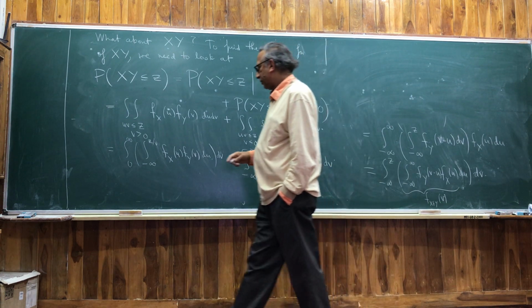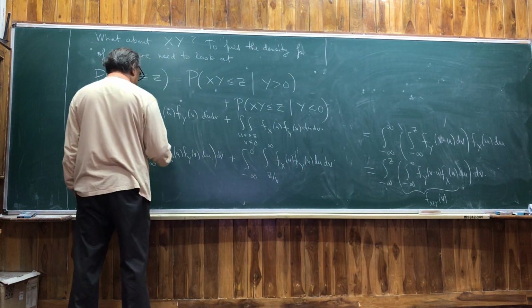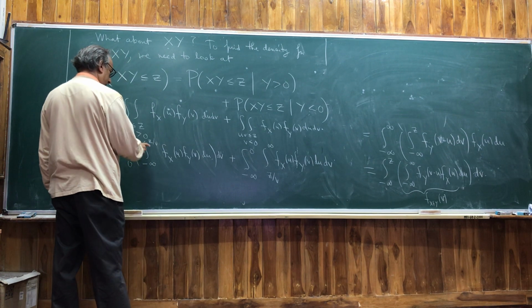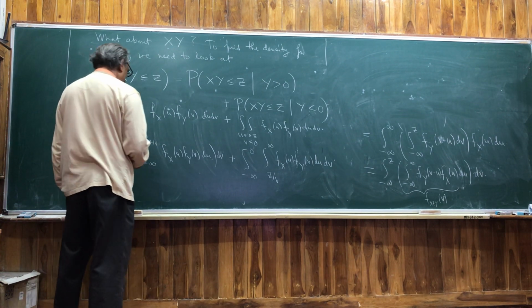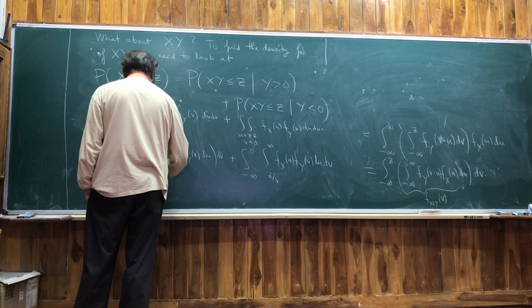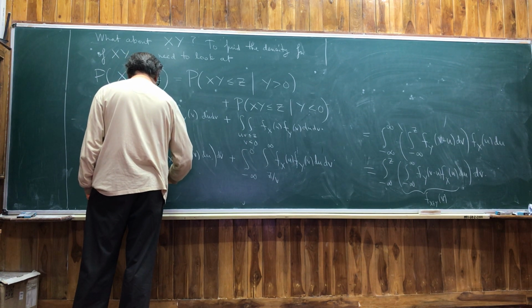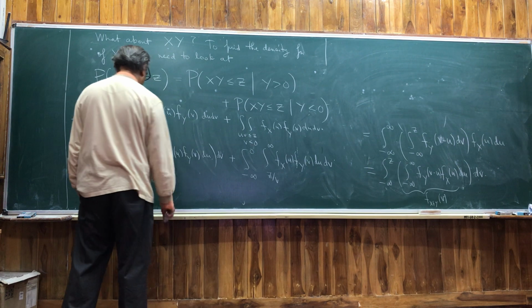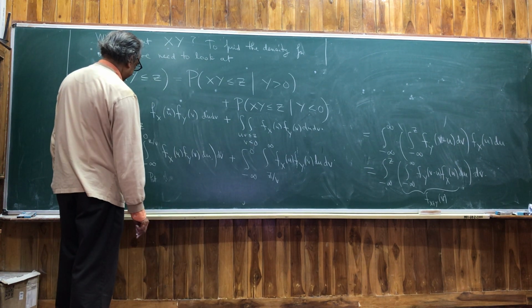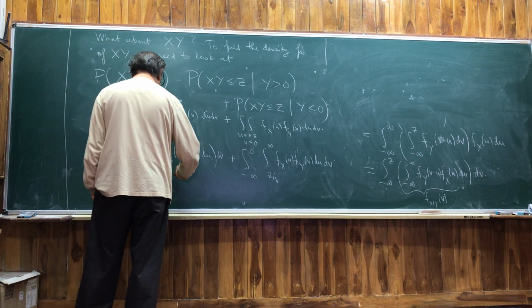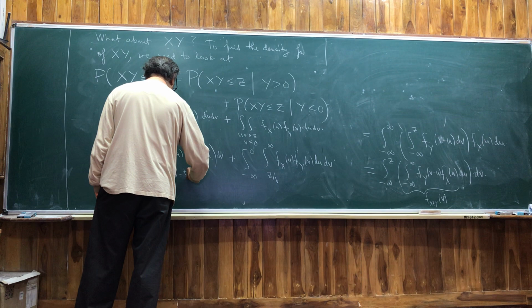Now, we'll change the variables here so that you can get rid of the v. So if I put u equal to t over v, that's the way to do it.